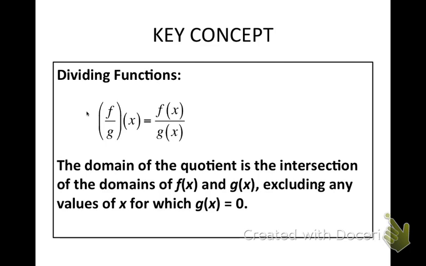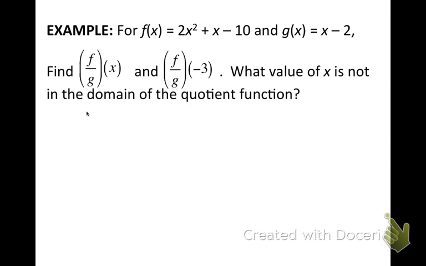All right, so if you were to see something like this of dividing functions, so if you saw f of x is equal to 2x squared plus x minus 10, and we had function g of x is equal to x minus 2, and we put our polynomials into function notation, we're just going to do the same thing, except dividing and then talking about the domain.